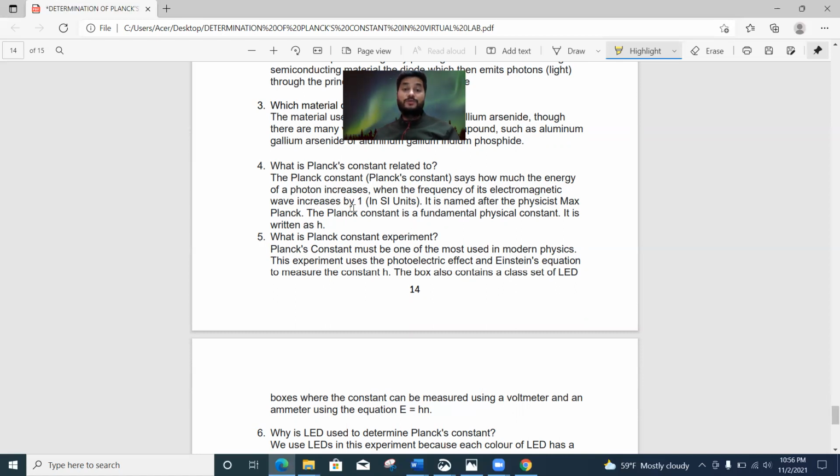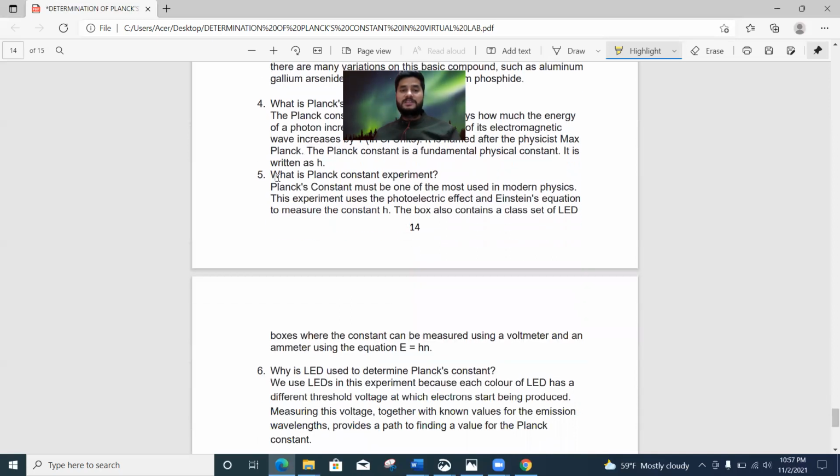If we multiply the frequency with Planck's constant, we get the energy of the given photon. It is named after the physicist Max Planck. Planck's constant is a fundamental physical constant in quantum physics, written as small letter h.